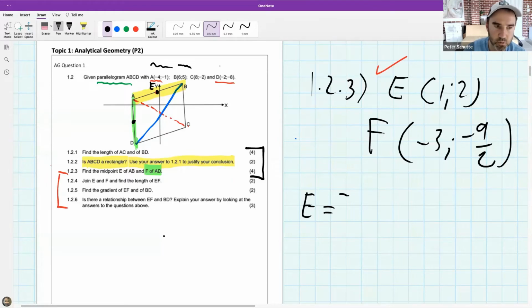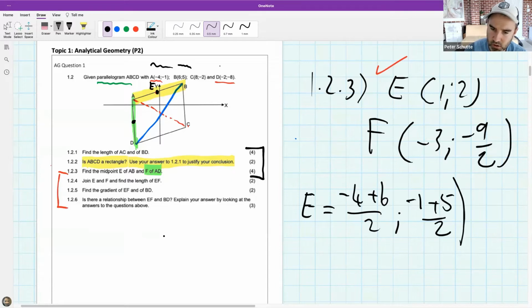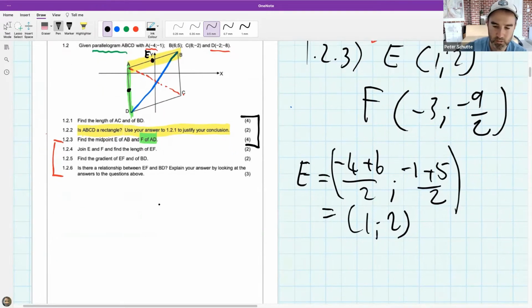I'm adding the two X coordinates and dividing by 2, and adding the two Y coordinates and dividing by 2. Now I've still got to clean them up because I've got -4 plus 6 is 2 over 2, which is the same as 1. And -1 plus 5 is going to be 4 over 2, which is 2. So that's how I got E.